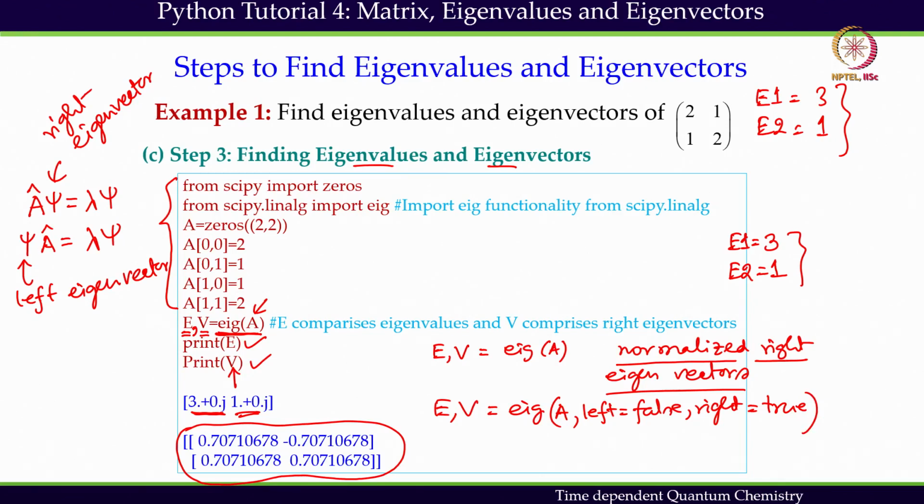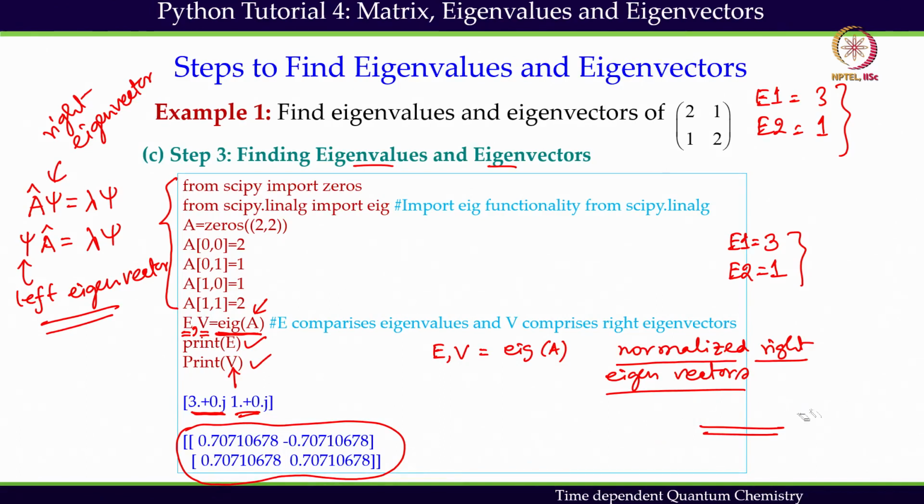Generally, by default it takes right as true. If I need to get specifically the left eigenvector, then I have to write left equals true, and only then will I be able to get that. If I do not mention anything, by default it gives me the right eigenvector, and it is in normalized form.